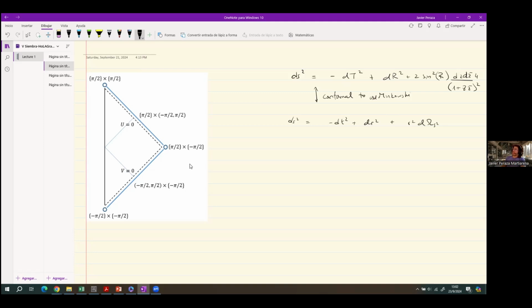And the main thing here is that if we do this change of variables, t equal to u plus v, and r equal to v minus u, then we can go from coordinates t, r to coordinates u and v, and they form this nice triangle-shaped domain where the dotted line here indicates points that are not in our initial space.